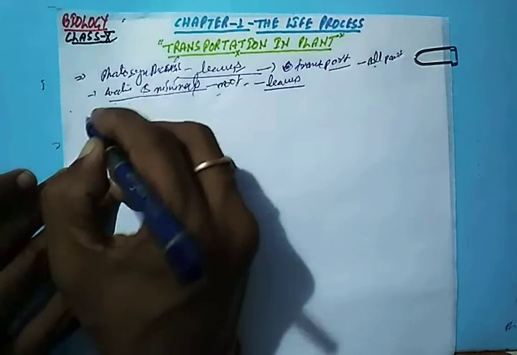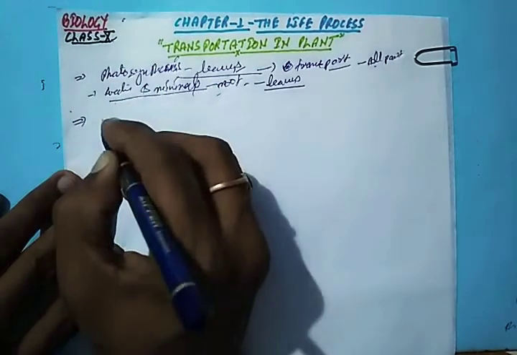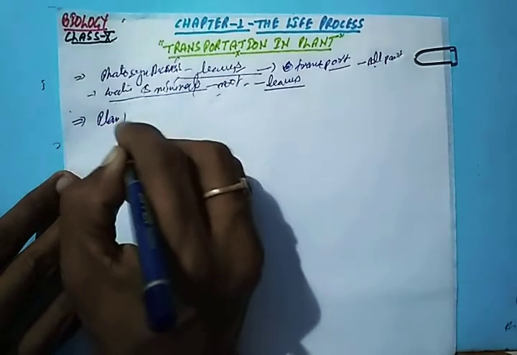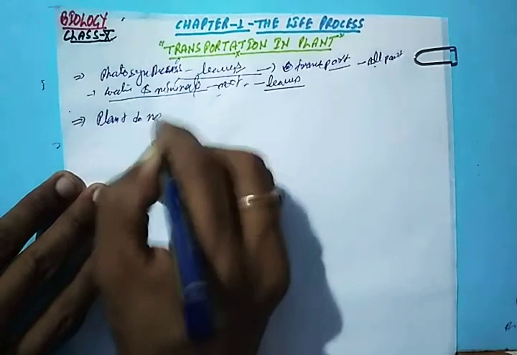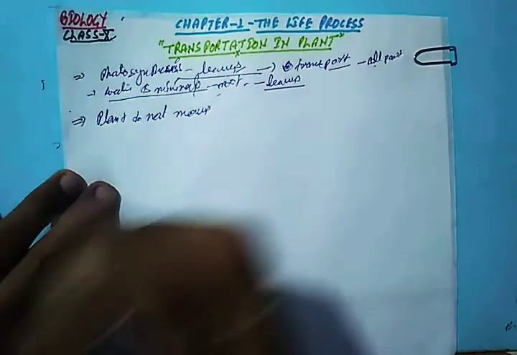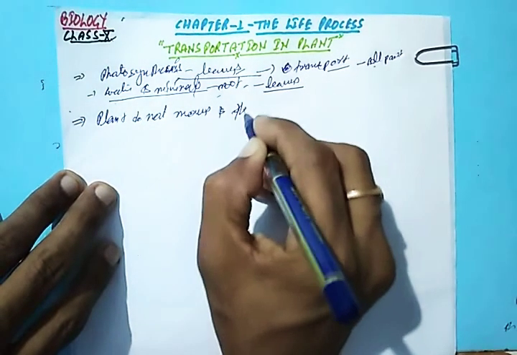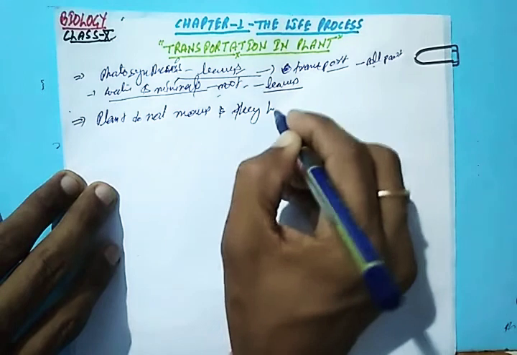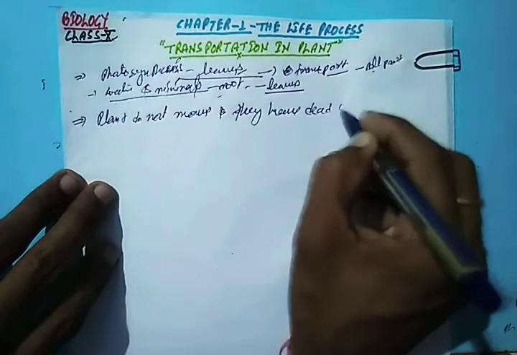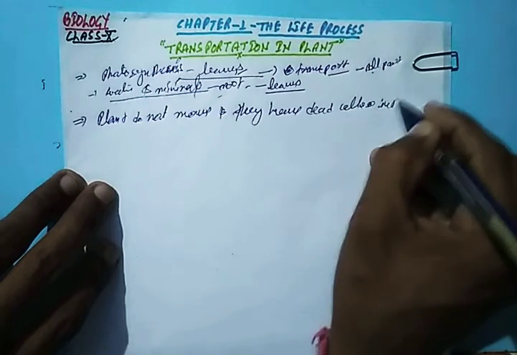Let us start from the very first point: plants do not move, and they have dead cells in their tissue.